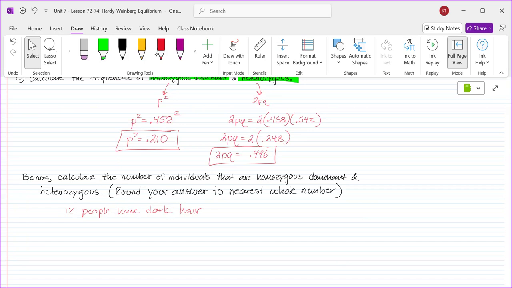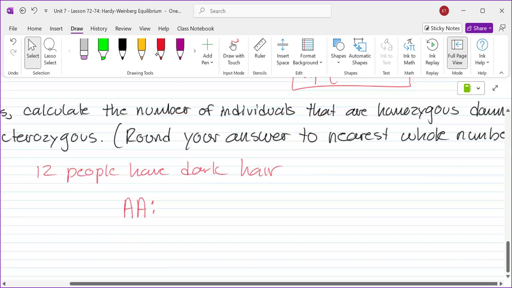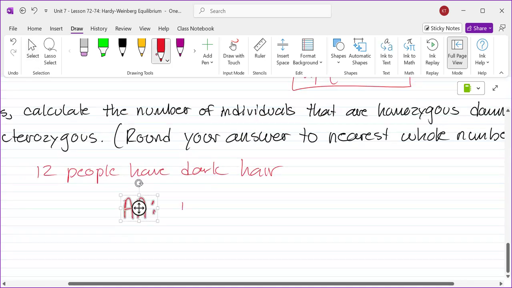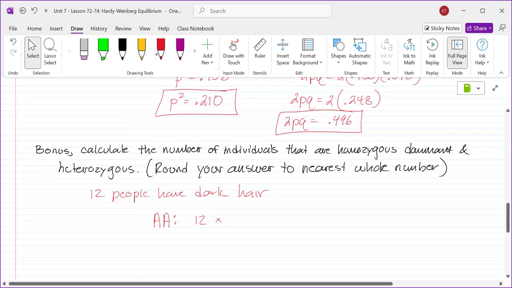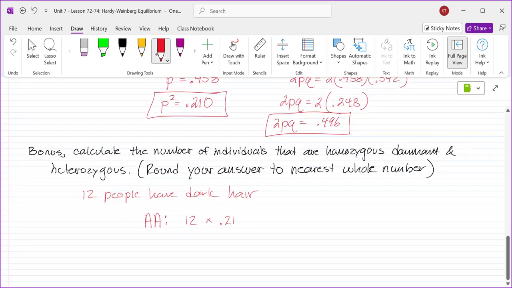Is anyone here willing to volunteer because they know how to find the number of individuals? Go ahead, Maggie. What do we do? So let's say I want to find the homozygous dominant genotype first. You said that I need to multiply 12 times what? 0.210. Why did you choose 12?